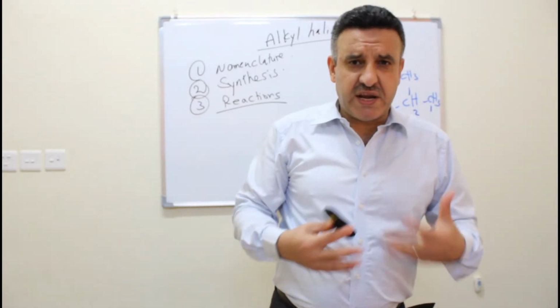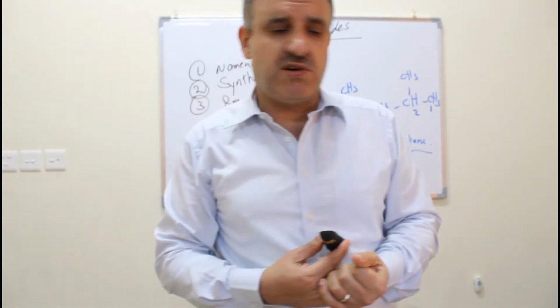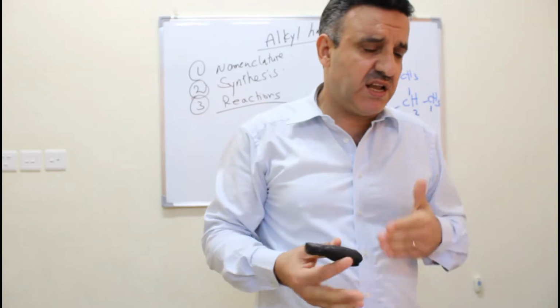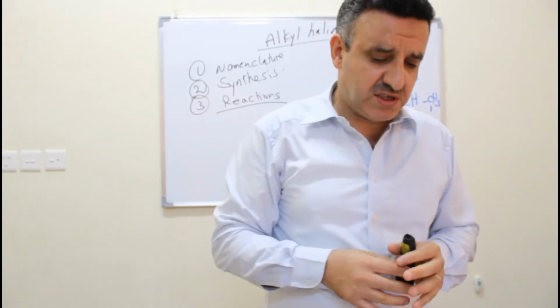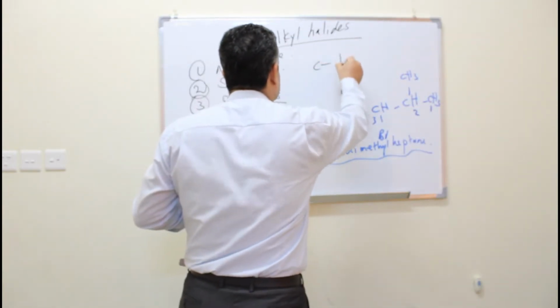Now, for the reactions of alkyl halides, in order to understand them, we need to understand the polarity of the carbon-halogen bond.